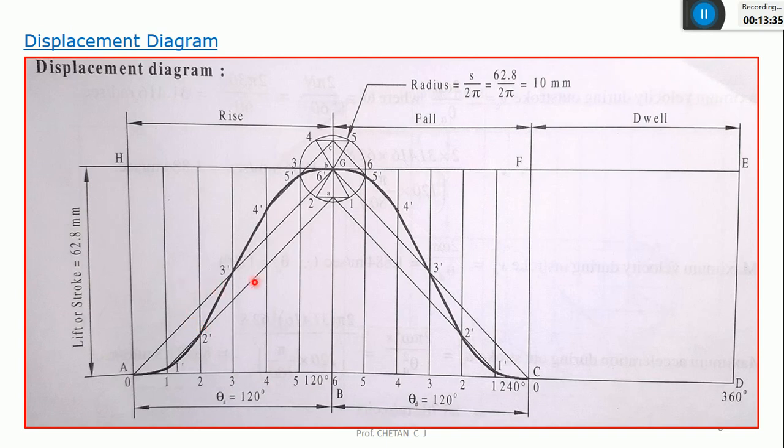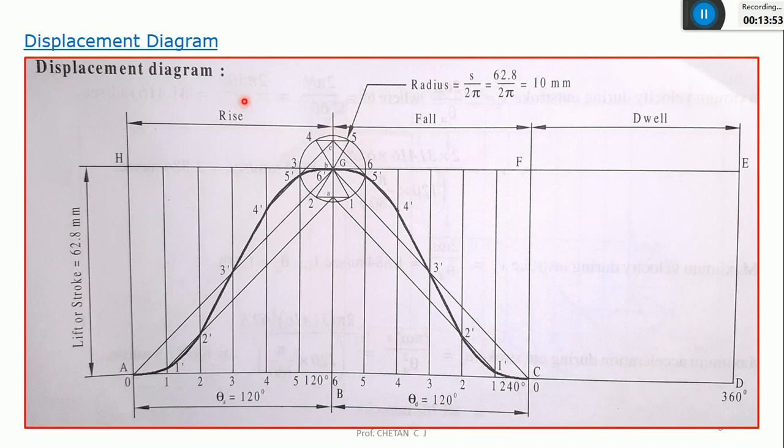What about the construction of the displacement diagram during the outward stroke and during the return stroke? Since the type of follower motion during outward and return stroke is cycloidal motion, there is a separate method known as the circle method.